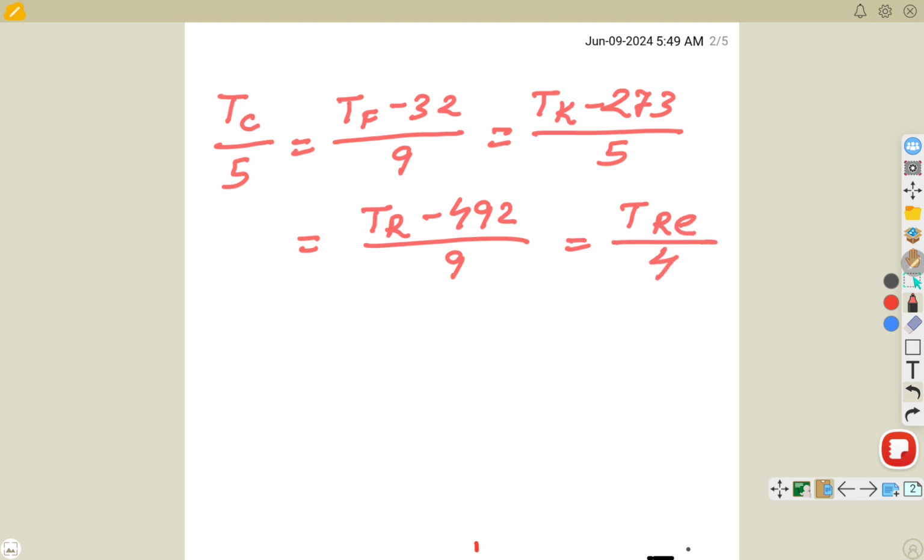So whatever conversion we are asked, we can use this formula, whether it is a hypothetical scale, an unknown scale or any known scale.